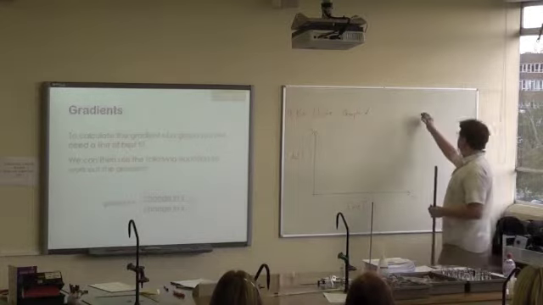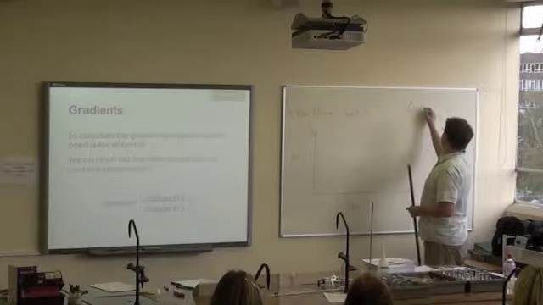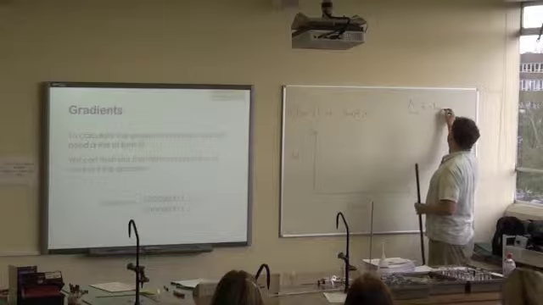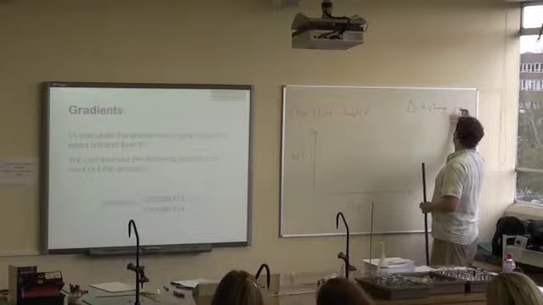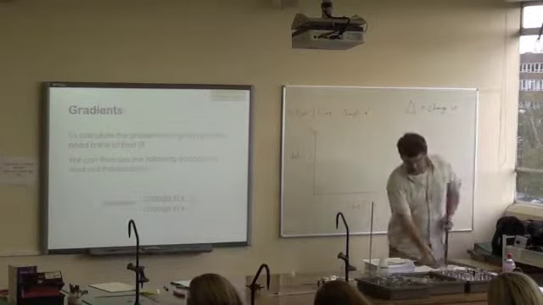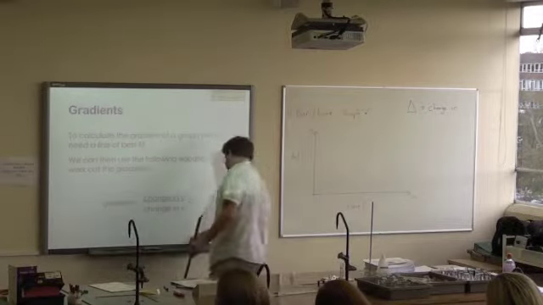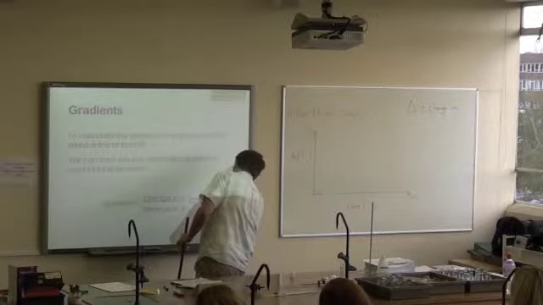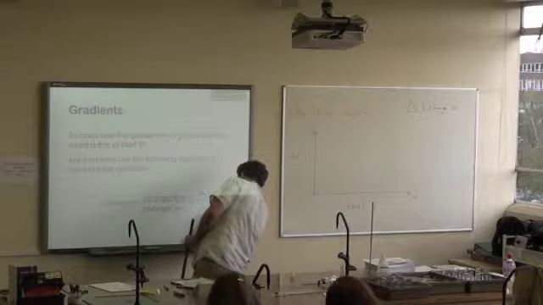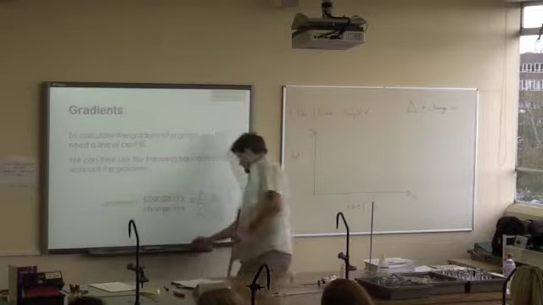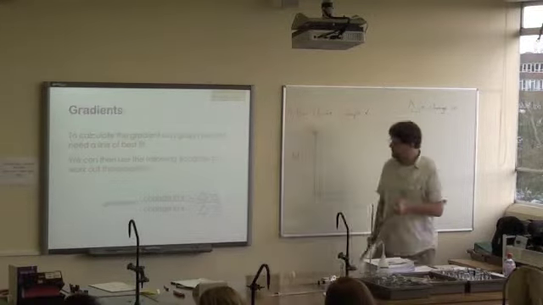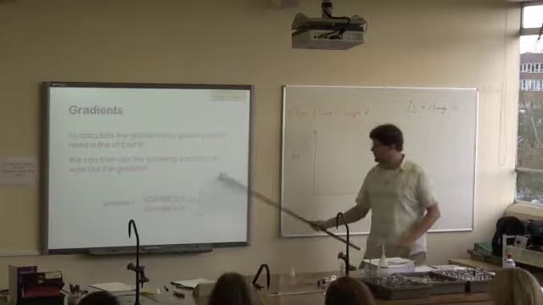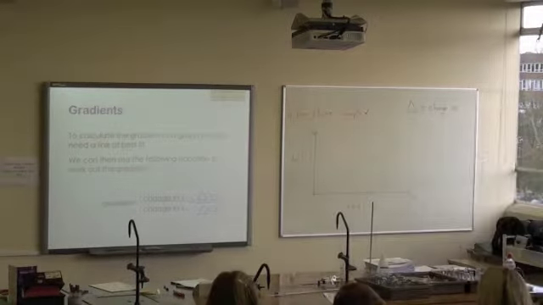Greek alphabet, which is triangle, and that actually means changing. So we can rewrite this equation: triangle y, which we say is dy, triangle x, dx. So you can replace that change in with a symbol that we've used already for the calculations.